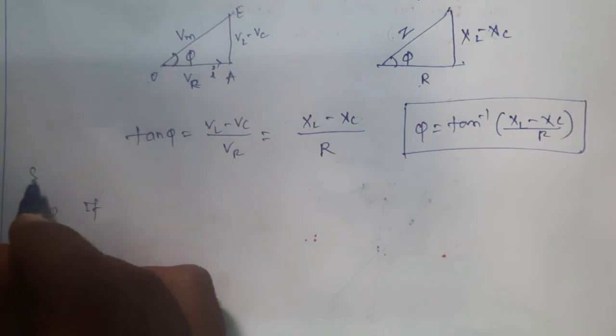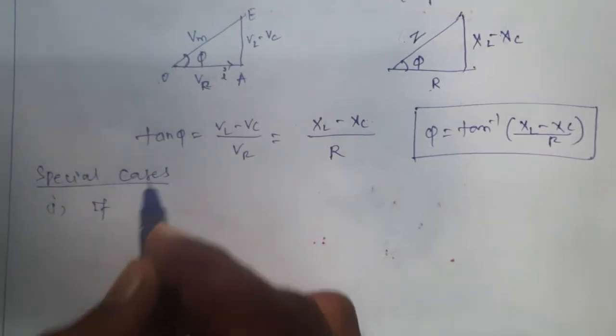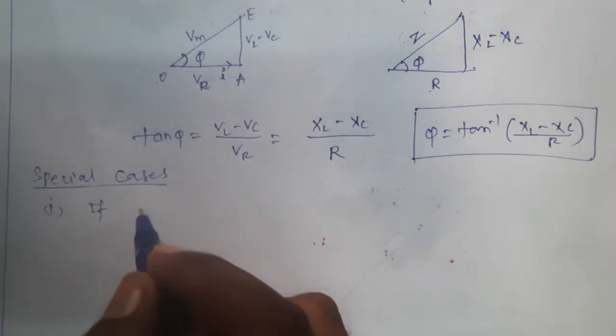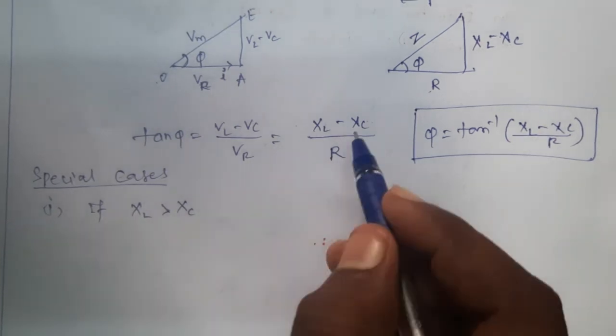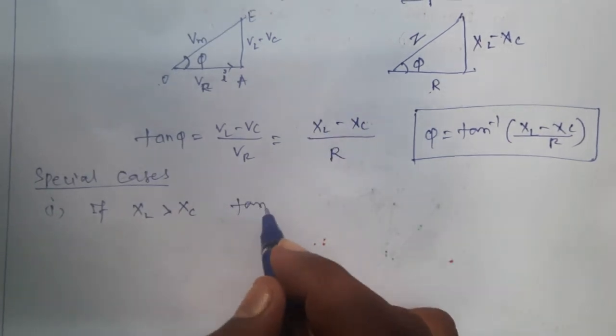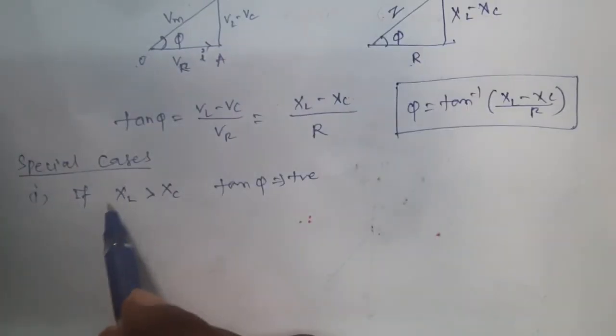Now we will discuss the special cases. If XL is greater than XC, tan phi is positive, so it is an inductive predominant circuit.